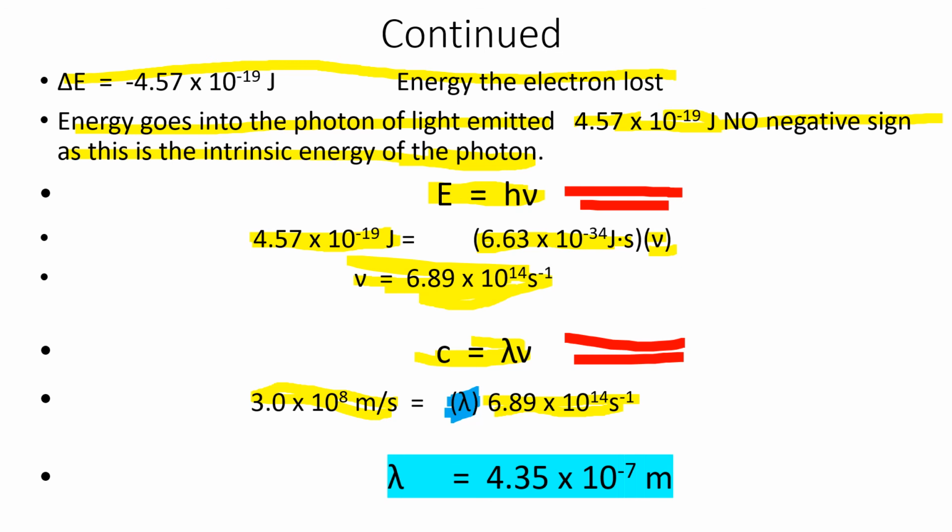It's combining that with that previous equation. Remember, a delta is a change, and that's for the electron. That can be positive or negative. When we're dealing with E equals h nu, that is not a delta. That is an intrinsic value. That's that total energy of the photon. So you've got to keep in mind, what are you dealing with? The photon or the electron? Which equation is referring to which?